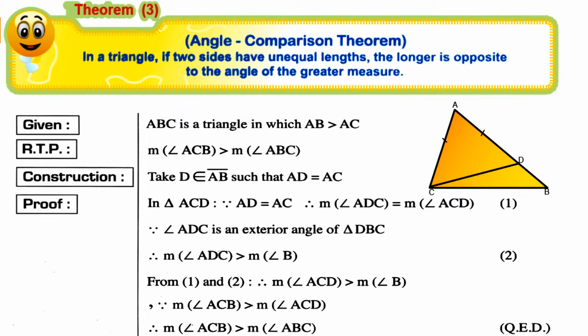From 1 and 2, the measure of angle ACD is greater than the measure of angle B. Since angle ACB is greater than the measure of angle ACD, then the measure of angle ACB is greater than the measure of angle ABC, and this is our required.